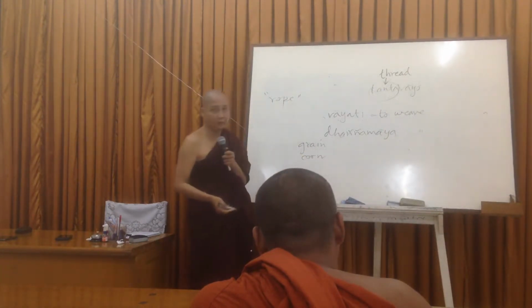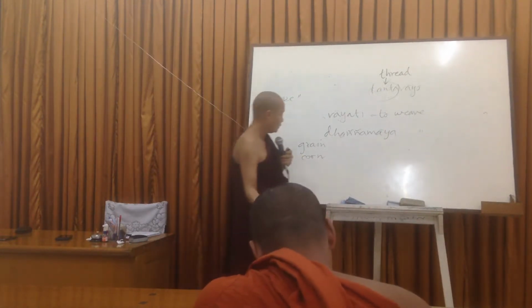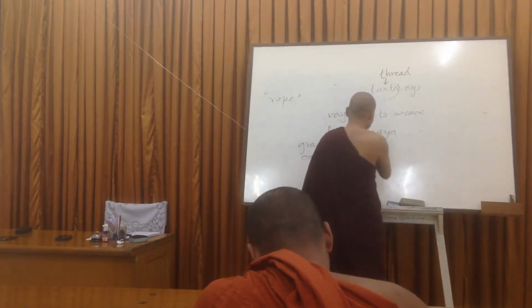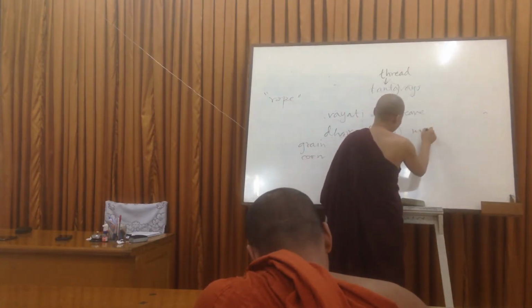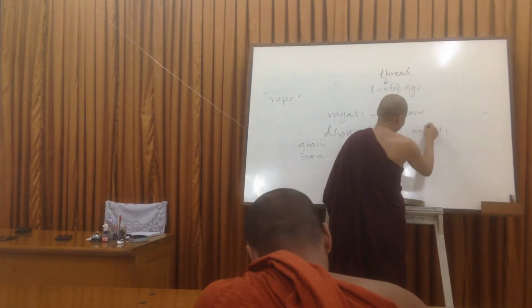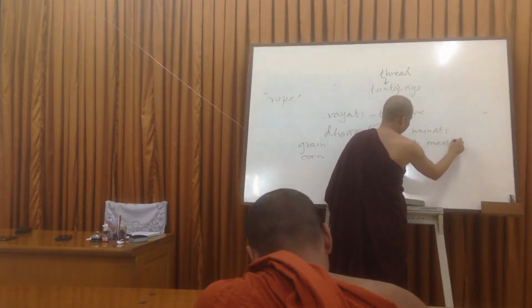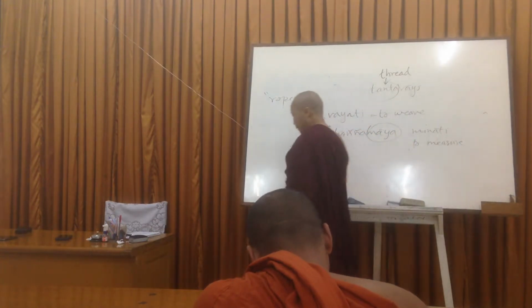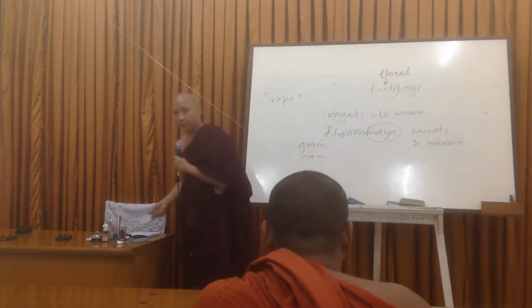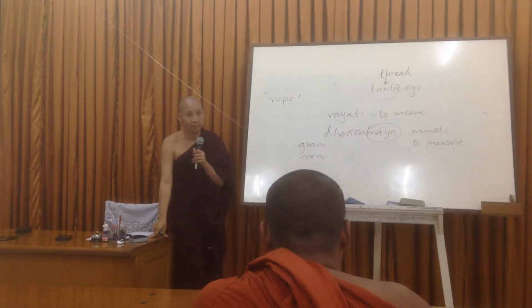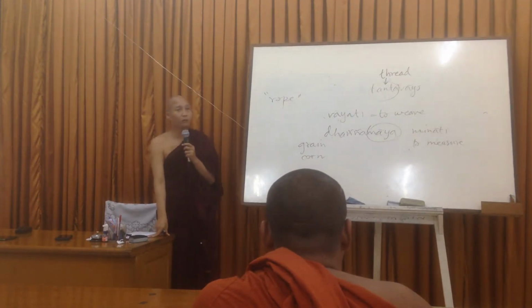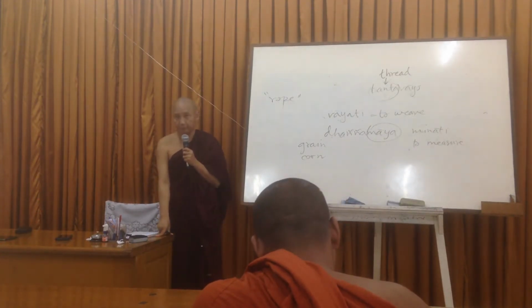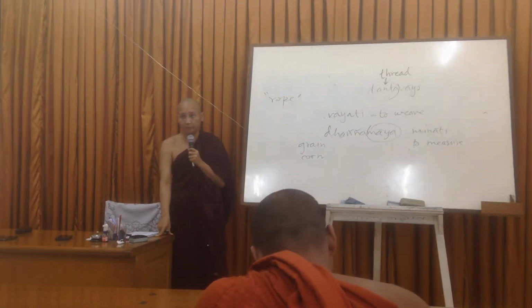Here it is Maya, derived from the root Mina, to measure. Nodhiñāṇa is the one who measures the corn or grain.